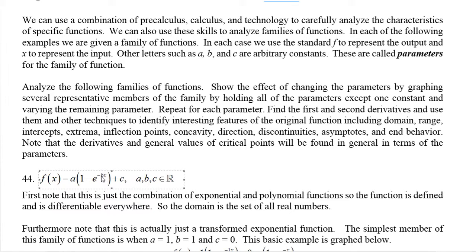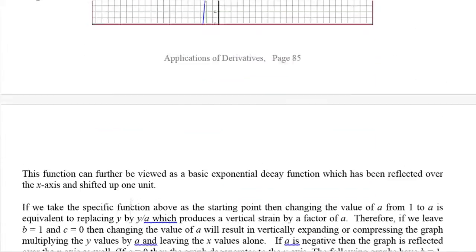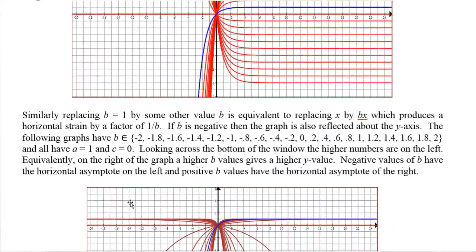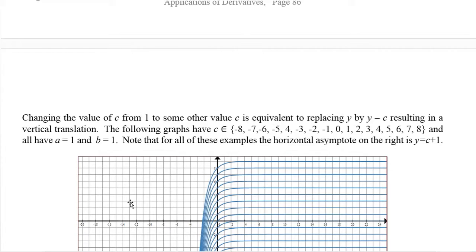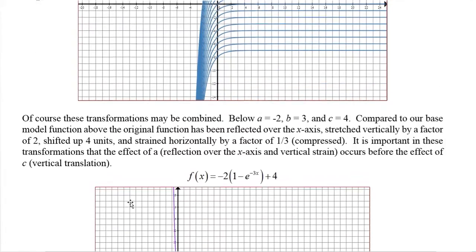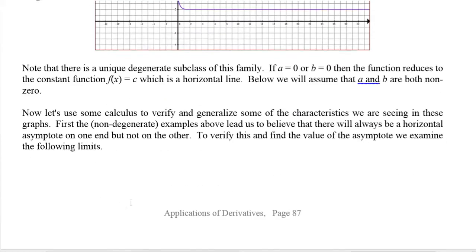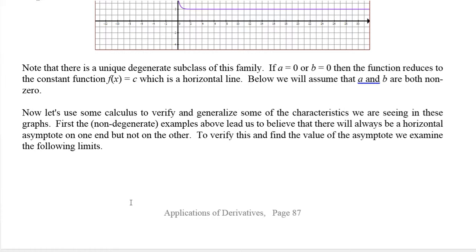If b is 0, then 0 times x is just 0, 1 minus 1 is 0, 0 times a is 0, and 0 plus c is c. So either way, if you let a or b be equal to 0, the whole thing degenerates to just y equals whatever c is, which is a horizontal line.